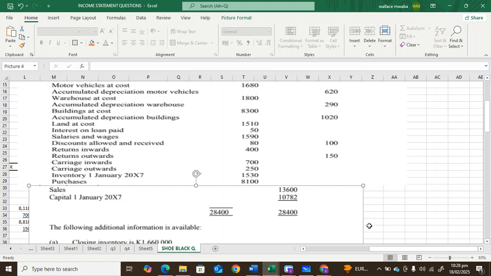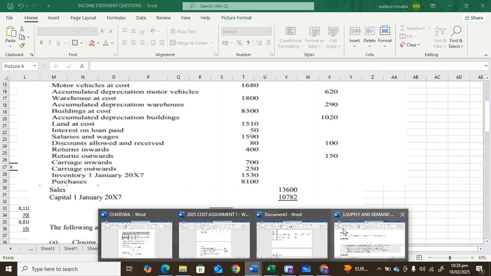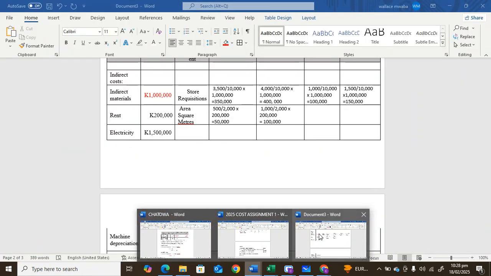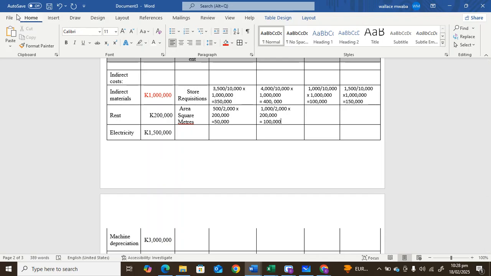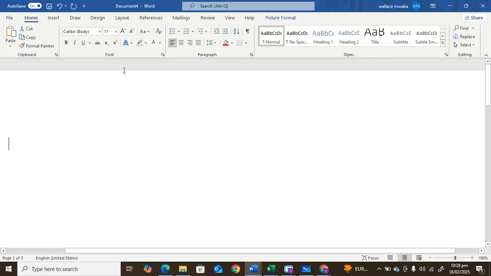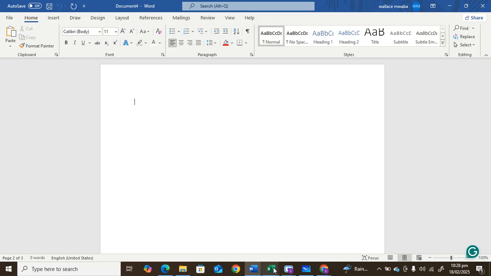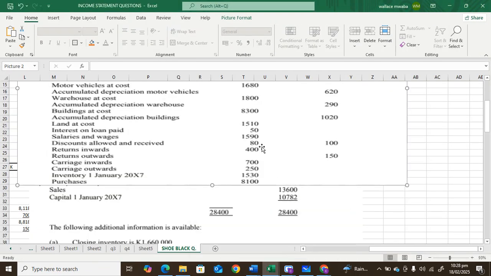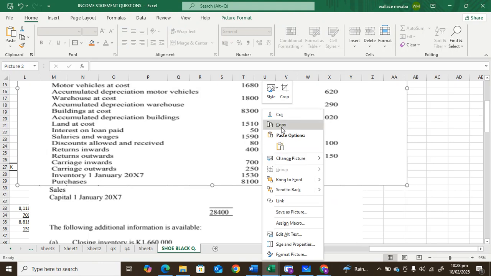Yes. Your customer asks for a discount and you give them. Yes. So discount allowed is going to be treated like a loss or an expense.